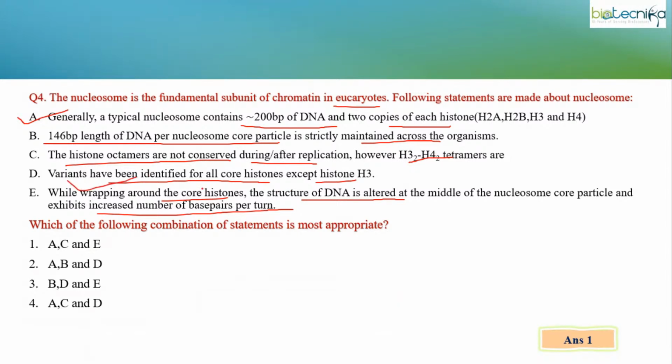Variants are identified for all the histone proteins excepting H3. They said no, but for H3 also we have variants available. So the structure of DNA will obviously be altered in the middle of the nucleosome particle and there will be an increase in the number of base pairs, which is the correct answer according to the previous question, if you have seen it.